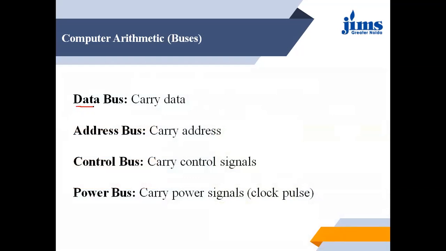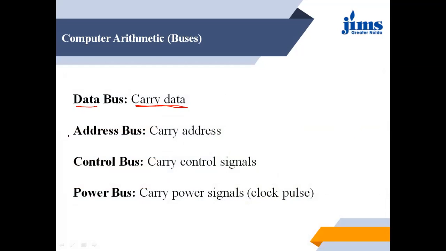Data bus is used to carry data from one element to another element inside the system, for example, to carry the data from registers to memory or memory to registers or registers to register.